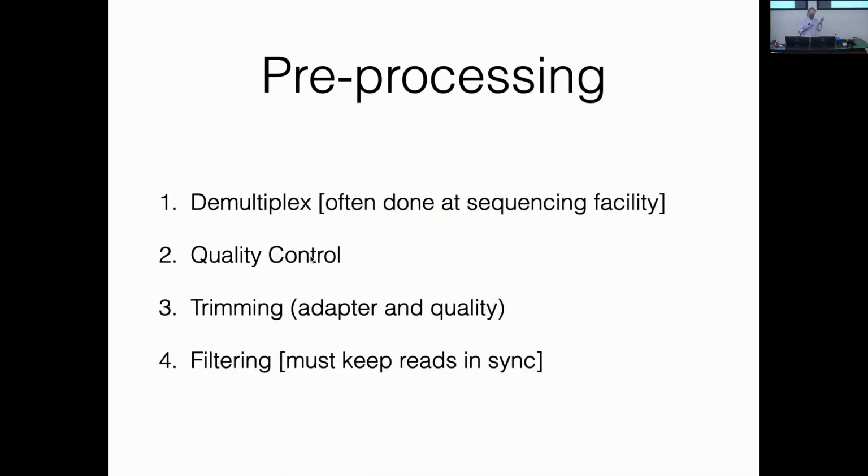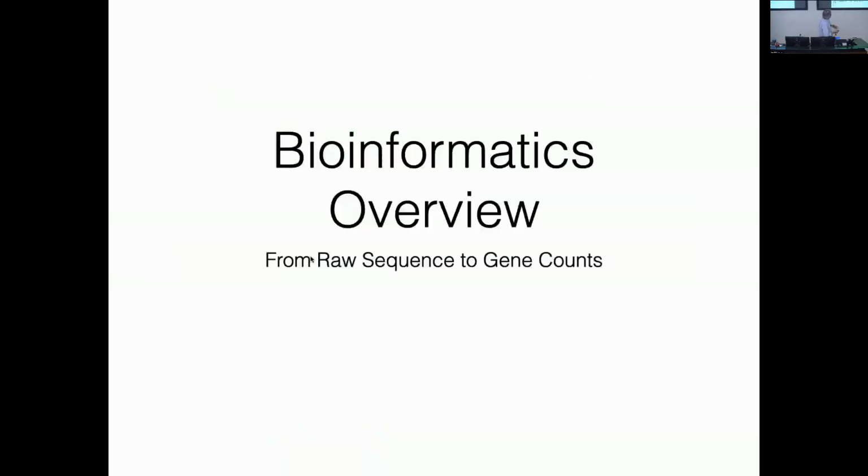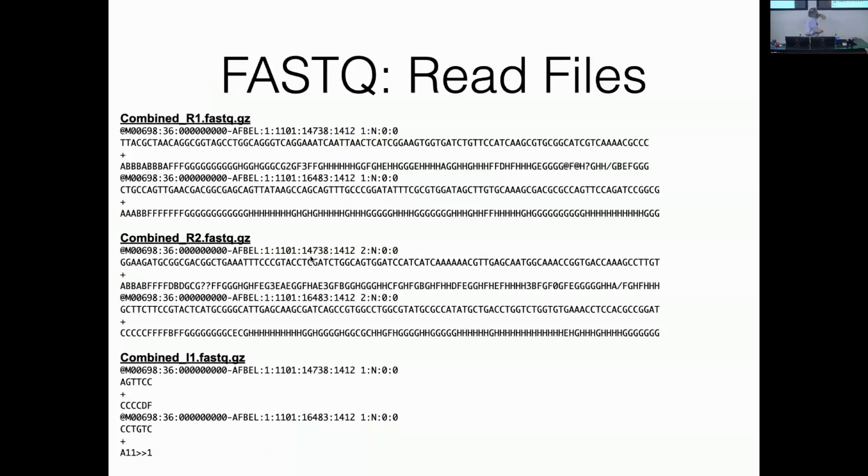We talked a little bit last week about multiplexing. So with demultiplexing, you are basically looking at the index barcodes and splitting each of these files up by barcode, right? I forgot to include my demultiplexing example here.